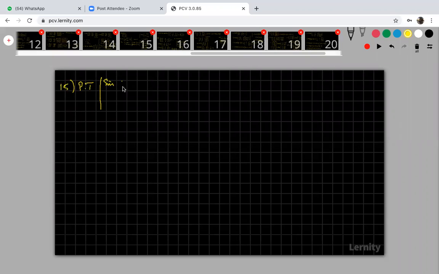This is sine alpha, sine beta, sine gamma. This is cos alpha, cos beta, cos gamma. This is cos of alpha plus delta, cos of beta plus delta, cos of gamma plus delta, equal to 0. Using properties only, we have to prove this.